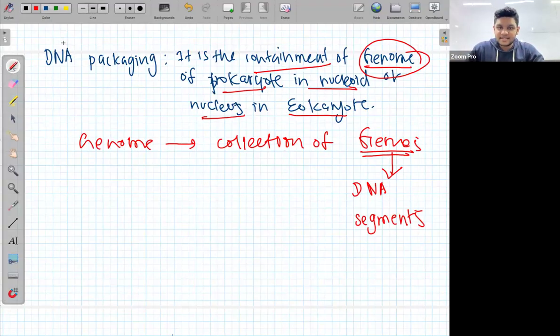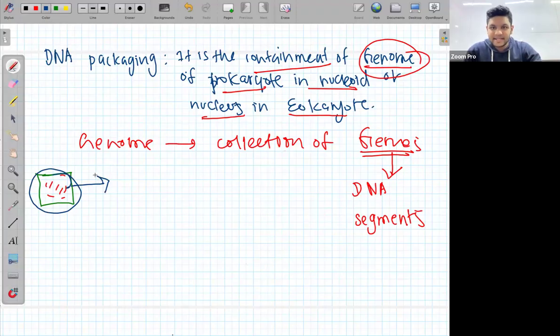So from the definition, they are saying that DNA packaging is the process where the collection, this is the genome. The green is the genome. These are the DNAs, and these DNAs are present. I'll mention this green as the genome.